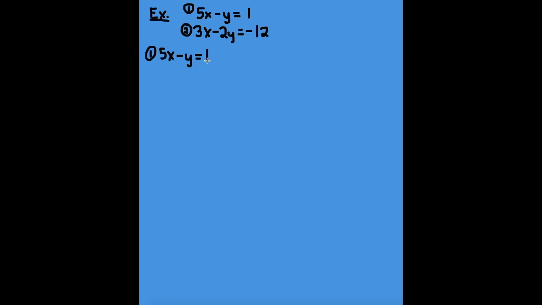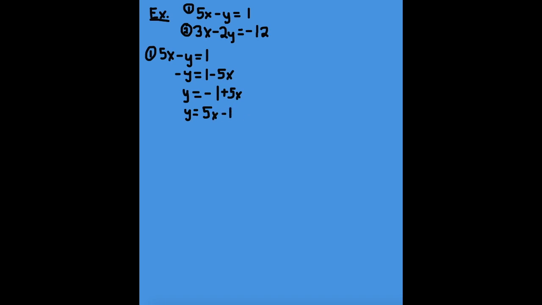So we are going to subtract 5x from both sides to get negative y equals 1 minus 5x. Then, we will divide both sides by negative 1 to get y equals negative 1 plus 5x. Or we can rewrite this as y equals 5x minus 1.